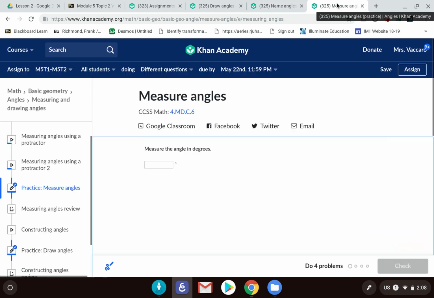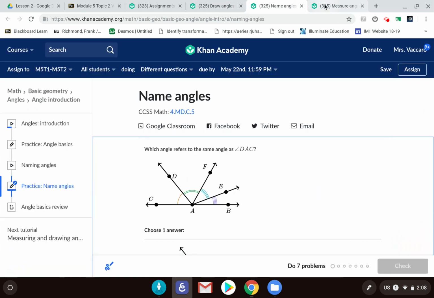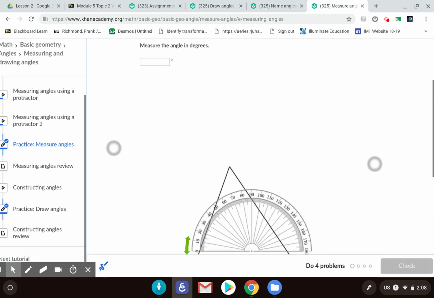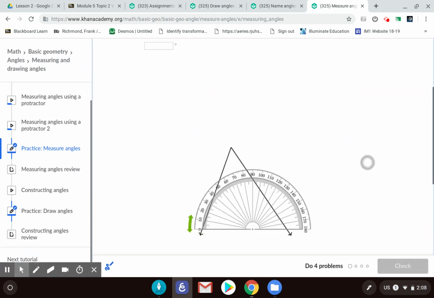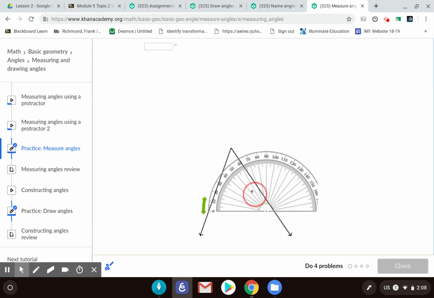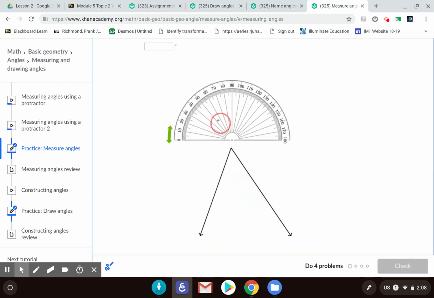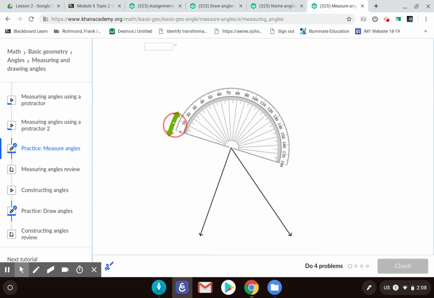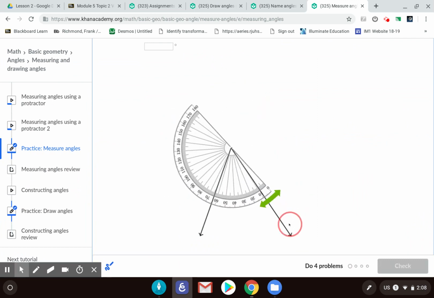And then another type of problem that you'll end up having to do is measure an angle. It assumes that you know how to use a protractor. So just so you know, when you use a protractor, you're going to place the middle of the protractor on the vertex of the angle. And then you want to move the protractor so that it lines up perfectly with one side.